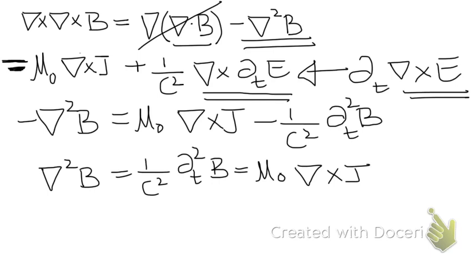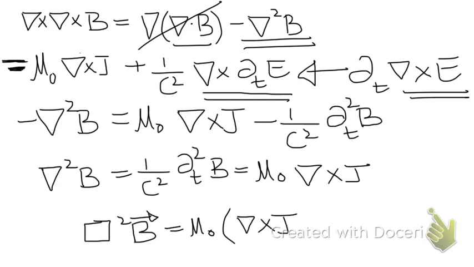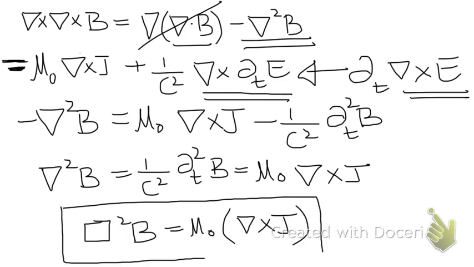Let's just write this down in terms of the D'Alembert operator. So that will be box B is equal to mu naught curl of my J, right? Let's get rid of this vector symbol. I'm used to writing this vector symbol on vector quantities, but it might get cluttered over here, so I'm not writing those, right?